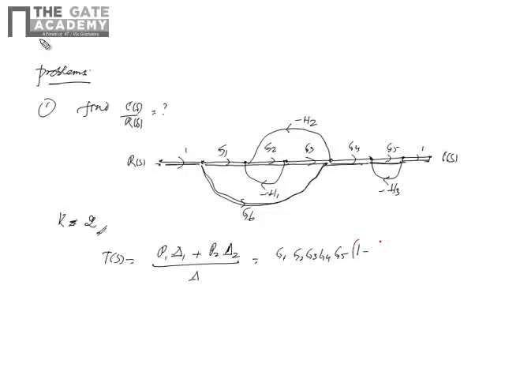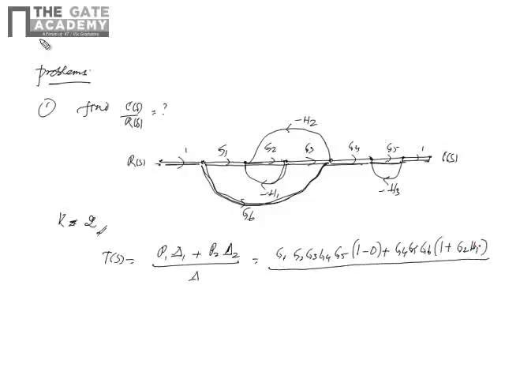Delta 1 means 1 minus any loop which is not touching the first forward path. There is no loop like that, so it will be 1. Next, second forward path is G4, G5, G6, and 1 minus any loop which is not touching this forward path. There is a loop which is minus G2 H1, so 1 plus G2 H1.